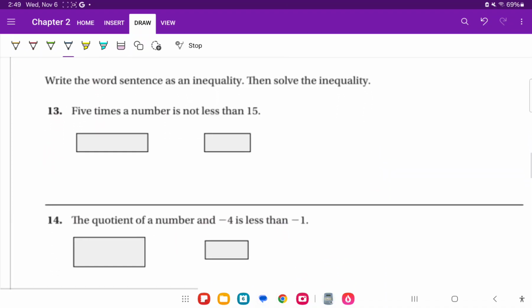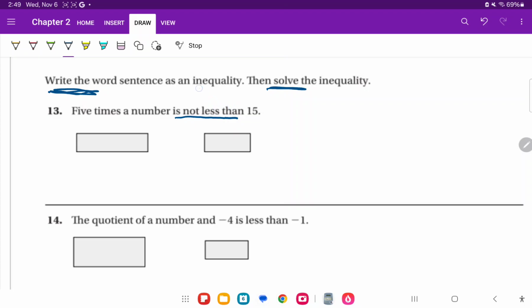So if we look at number 13, on this one, 5 times a number is not less than 15. On this one, you have to write the inequality, then solve it. So that's why there are 2 blanks. All right, so 5 times a number is not less than 15. What sign is not less than?